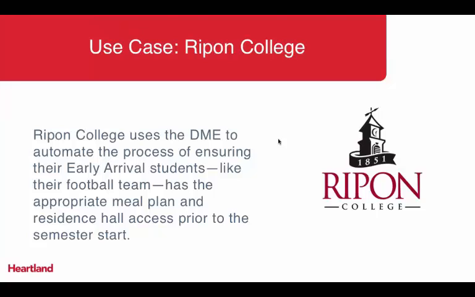So as somebody is marked as an early arrival student, it can then add in these functions that are needed, these privileges and permissions to their OneCard account so that they can access them as needed without having to do a lot of manual updates to those accounts.